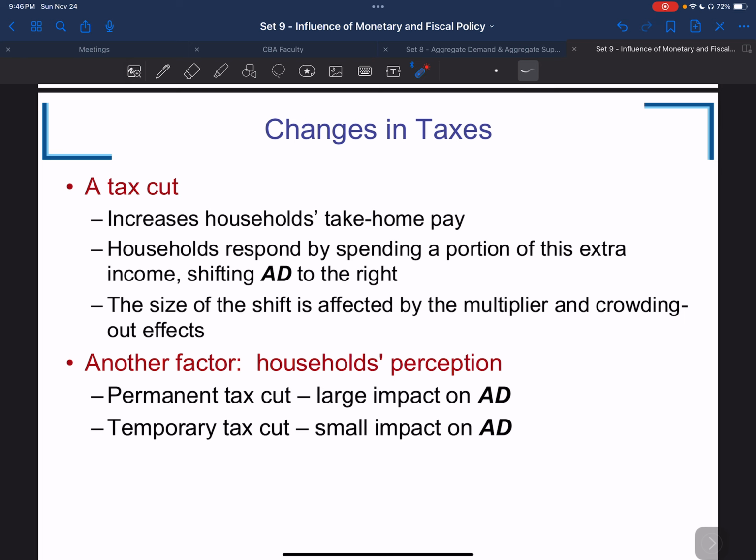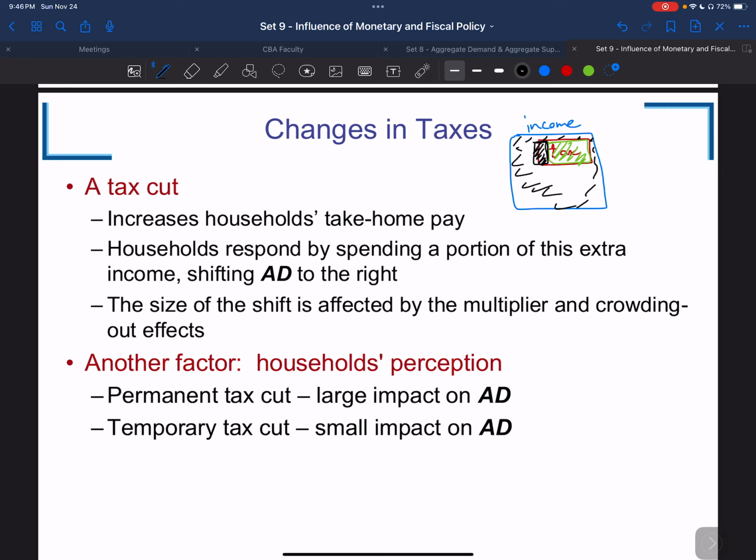Okay, so assume that you were receiving this much income in the past, and part of this was going to the government as tax, but now the government says, let's reduce the tax to only this much, this green area. So you will see that this black part is added back to your disposable income that you had earlier.